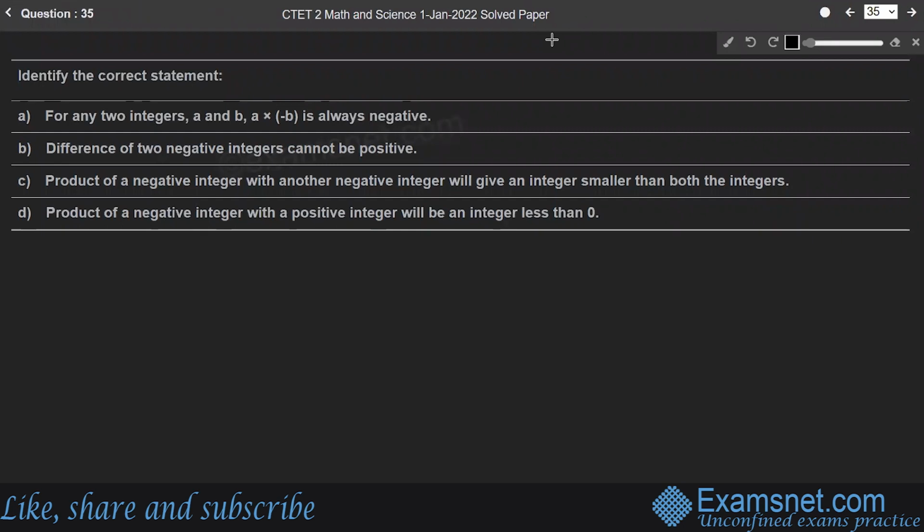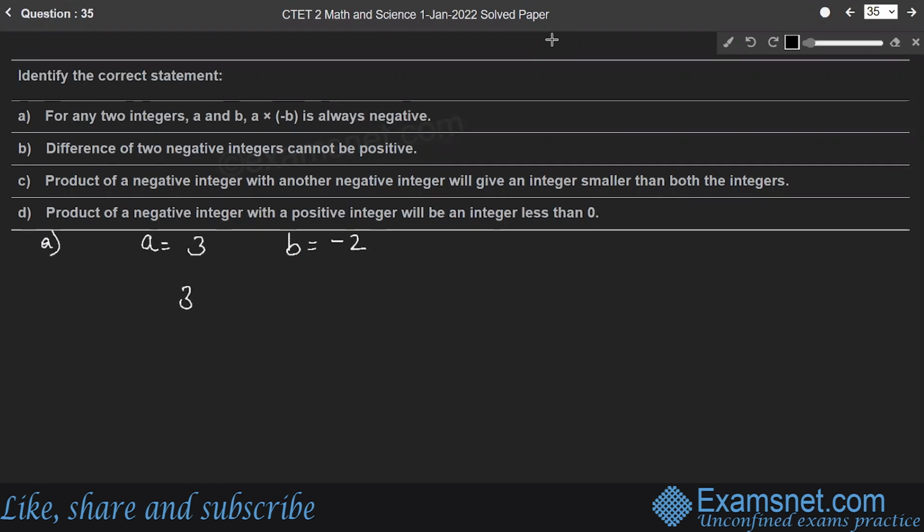Any two integers into minus is always negative. So, let us check the statement considering A as 2, B as -2. For any two integers, it can be a positive integer or negative integer. A into minus.